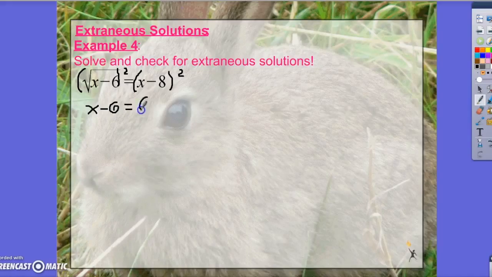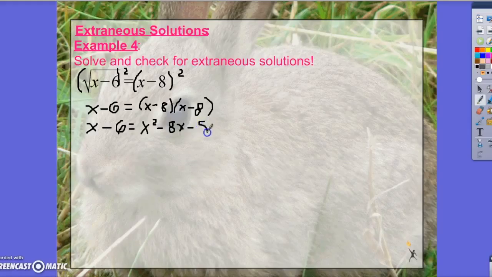And I want you to write it out. I'm going to have to FOIL. So FOIL the right hand side, get x squared minus 8x minus 8x plus 64.